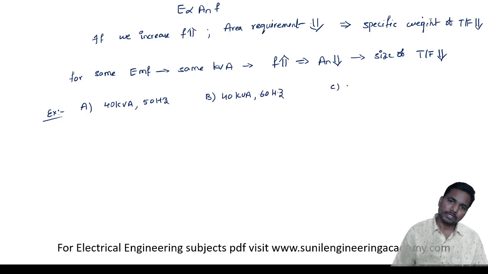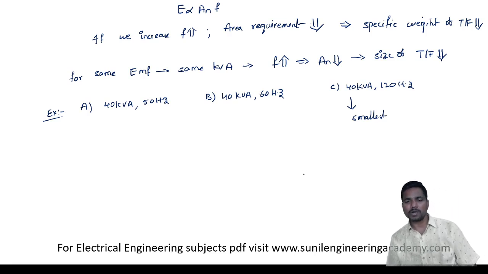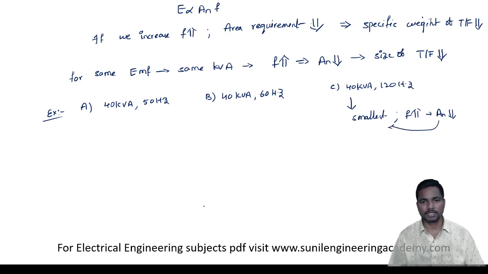And the same 40 kVA transformer with 120 hertz is the smallest. So it is considered the smallest transformer. Size is small. Why? Because as frequency is more, the area requirement is less. Then it becomes the smallest transformer.